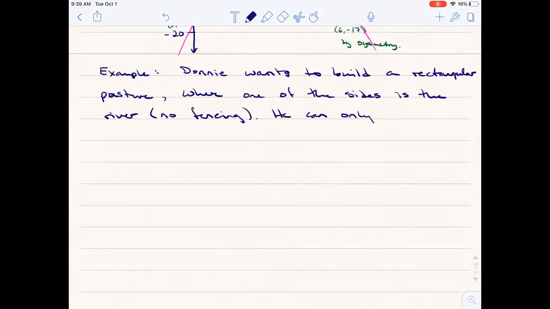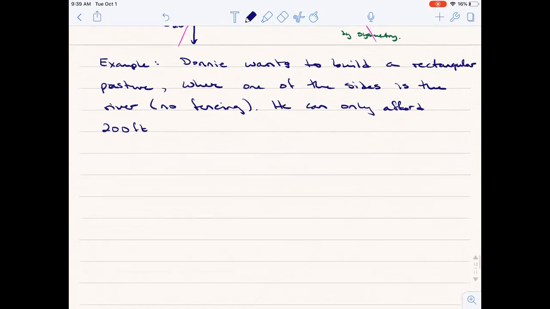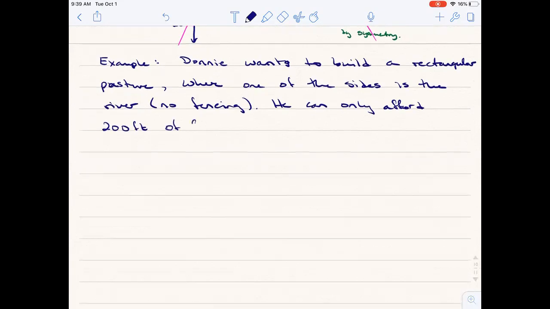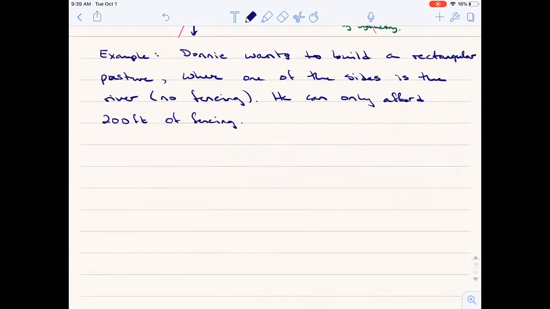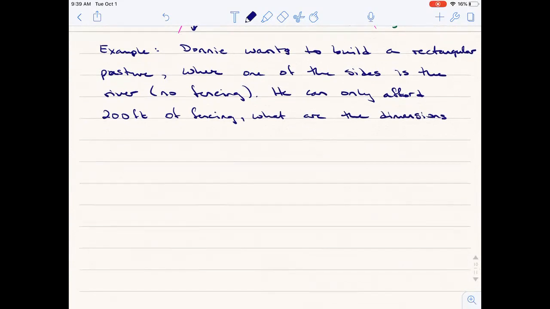He can only afford 200 feet of fencing. What are the dimensions of the pasture which maximizes the area?